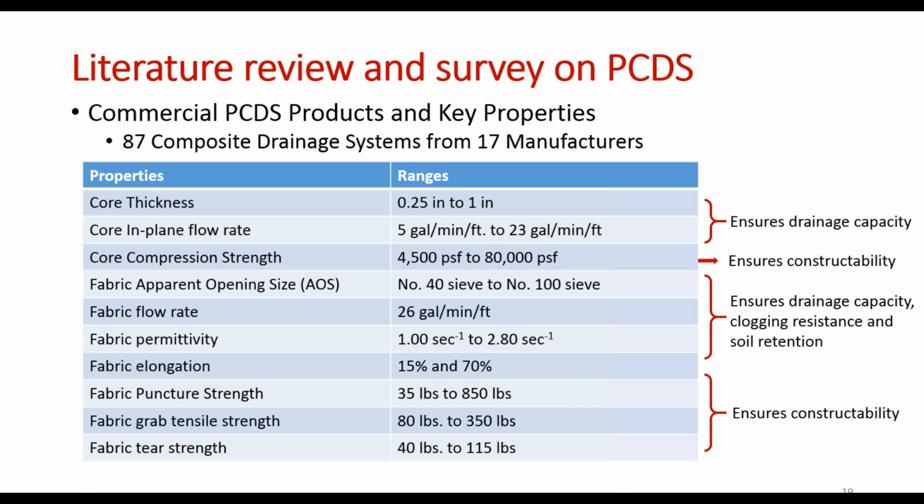The apparent opening size also helps us determine whether the fabric can provide clogging resistance and soil retention capacity. The last three parameters are similar to the strength of the core, and are to ensure constructability.